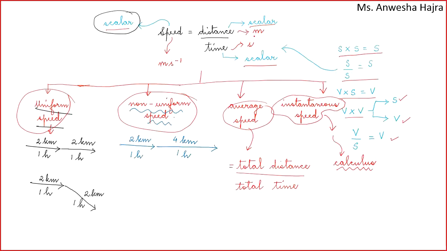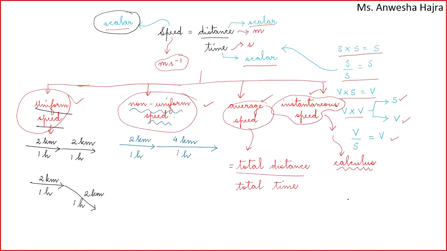Distance had the unit meter, time second, so the unit of speed was meter per second. While doing the chapter you might come across uniform speed, non-uniform speed, average speed, instantaneous speed. Instantaneous speed we do not need now. You will be doing it in class 11 with the help of calculus.